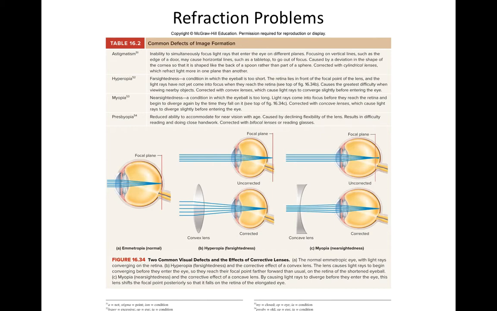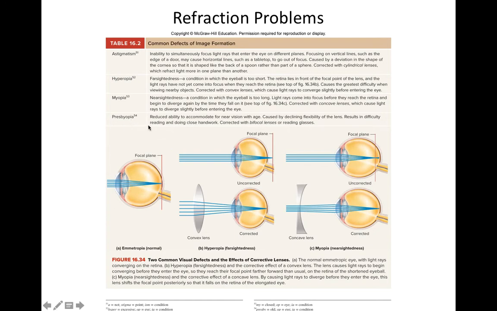This happens when the shape of the eyeball, particularly the cornea, is not perfectly rounded. And so you end up basically having multiple points of focus, but usually within a single line. Okay, so this happens when your cornea is not shaped properly.